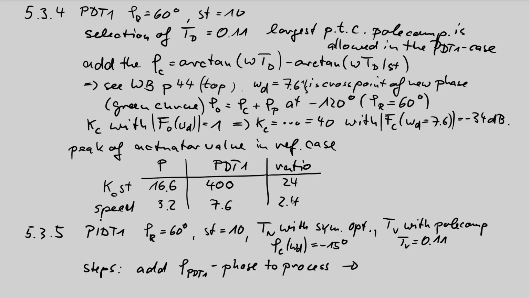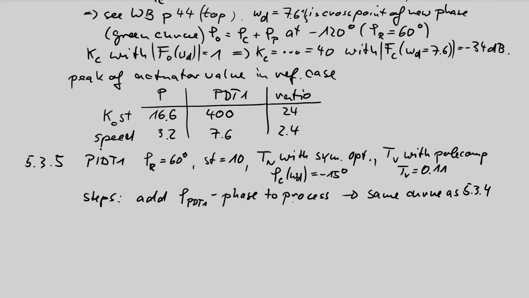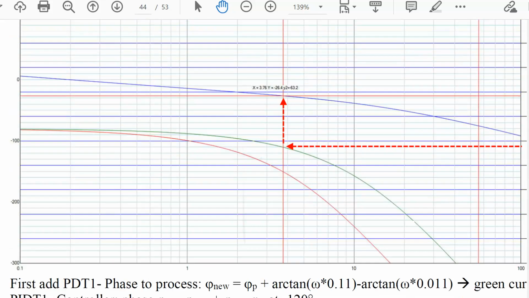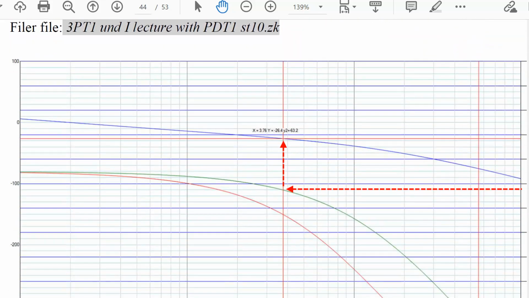This same curve as the point before with the PDT1, so we can go into the same diagram. Then look for the cross point at minus 105 degree. Okay, let's do this job in the Bode plot diagram, PIDT1.